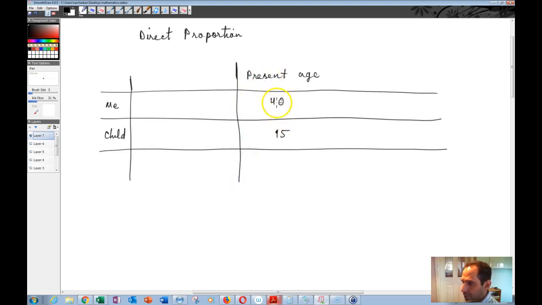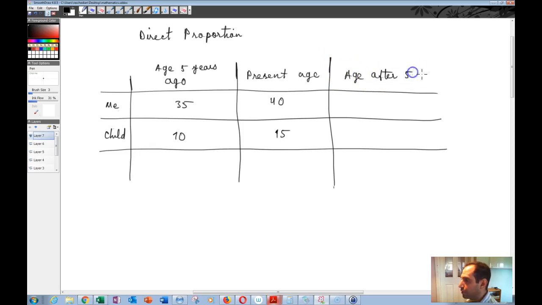So my age 5 years ago was 35, and my child's age 5 years ago would be 10 years. And you see that my age after 5 years is going to be 45, and my child after 5 years would be 20 years old, right?